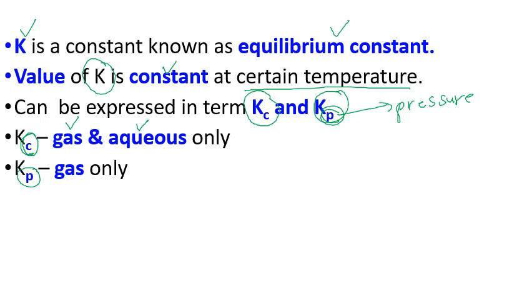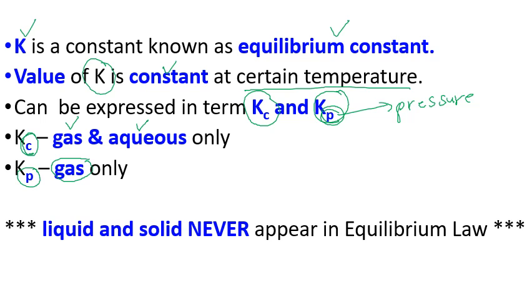Among solid, liquid, gas, and aqueous solution, basically only gas will exert pressure. So it means that only gas substances will appear in the Kp expression. Do keep in mind that liquid and solid never appear in the equilibrium law.